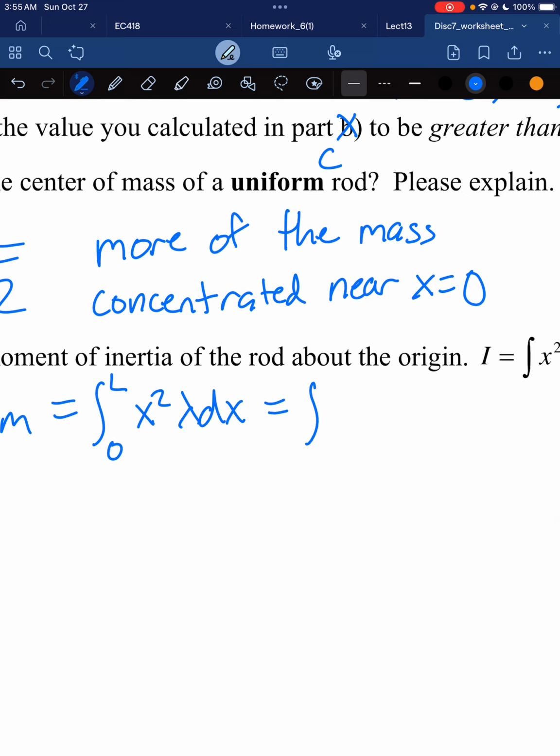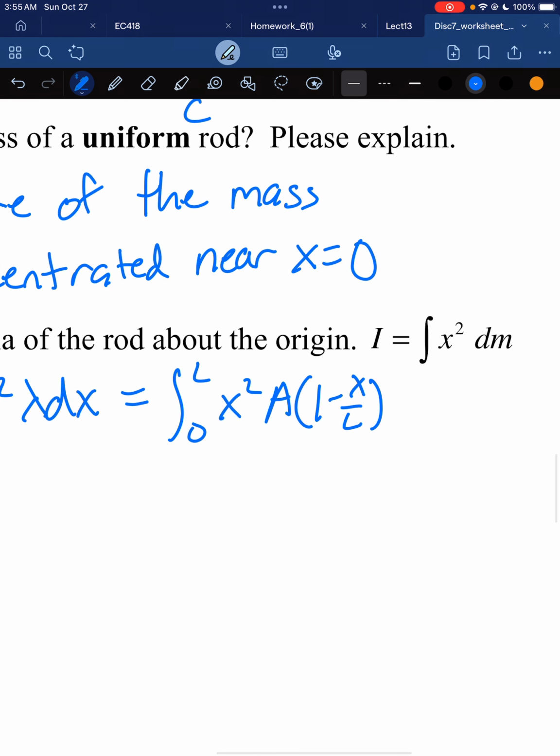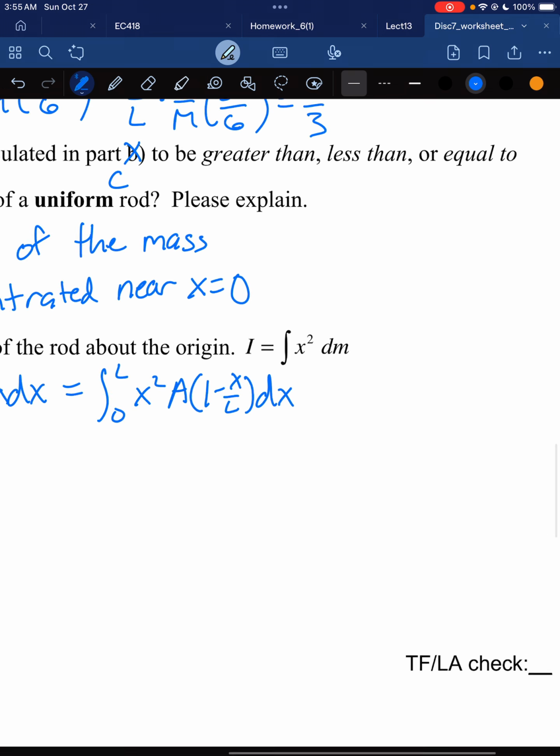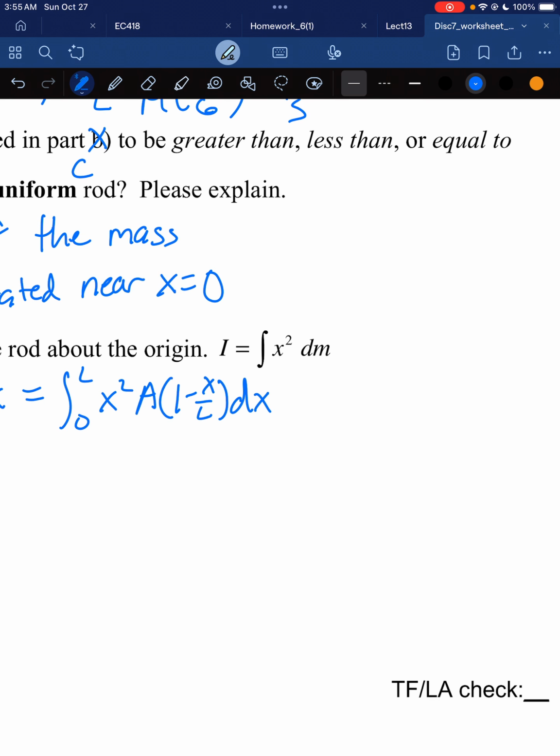We're given that lambda is equal to a times 1 minus x over L. And again, I can pull a out of the integral because it's a constant. So I get a times the integral from 0 to L of x squared times the quantity of 1 minus x over L dx.